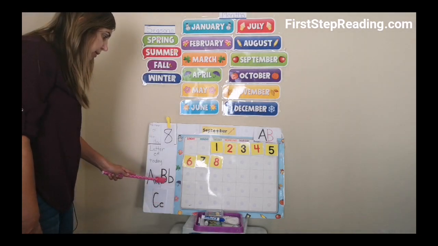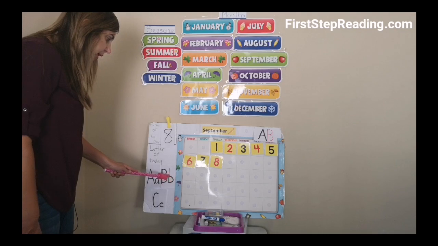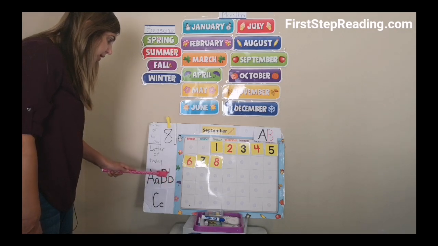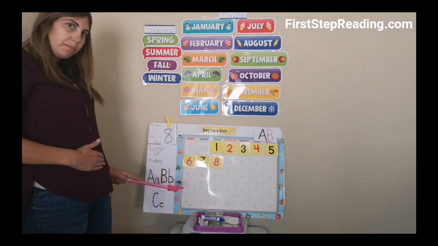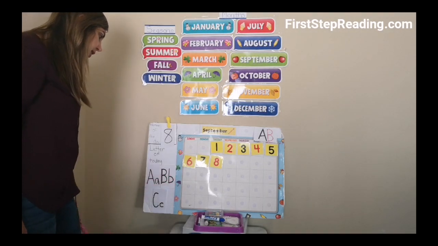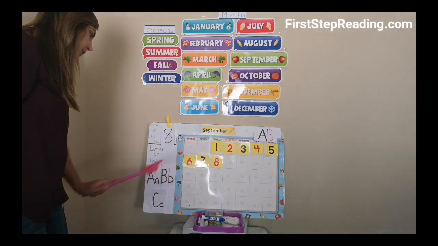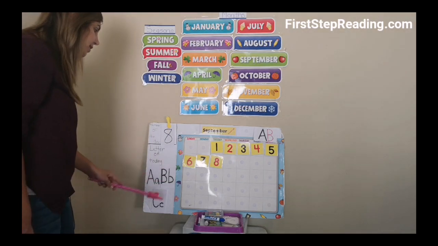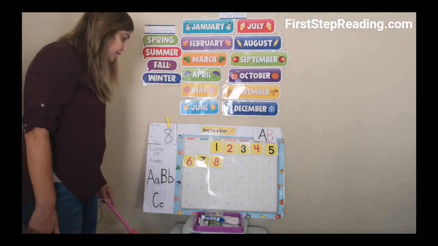A good way to remember that this is a B and not a D is because lowercase b's have a belly in the front, right? So that is a lowercase b. Now let's say the sounds of these letters.